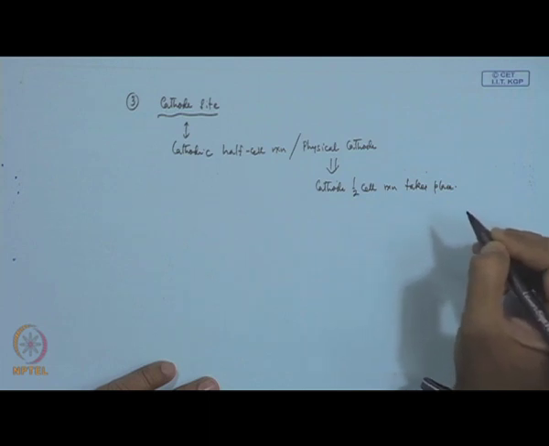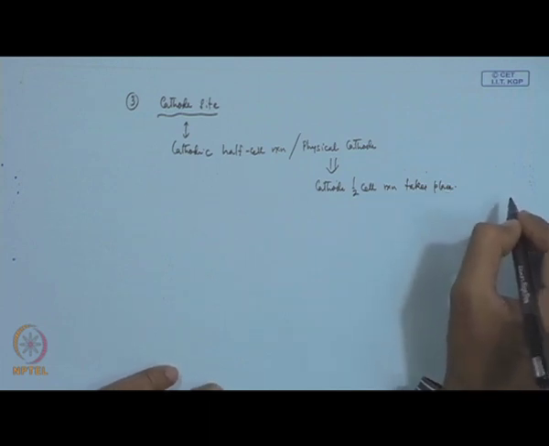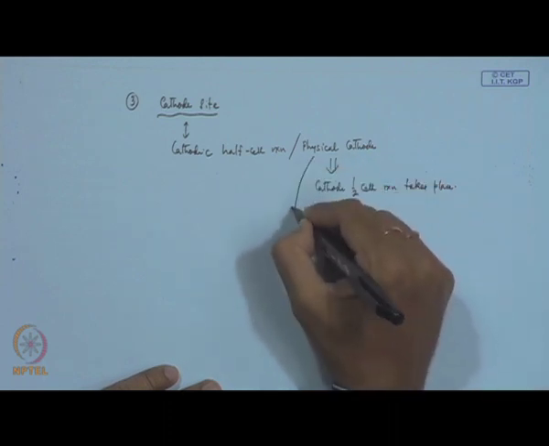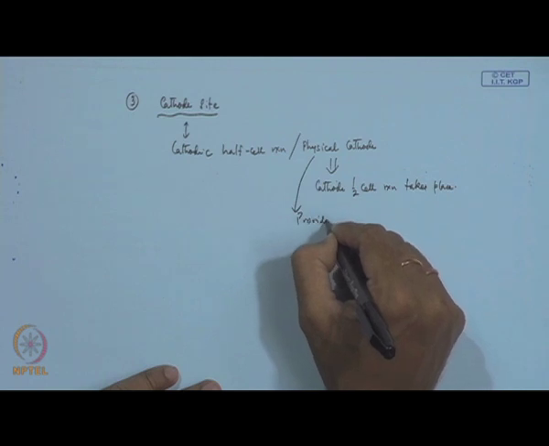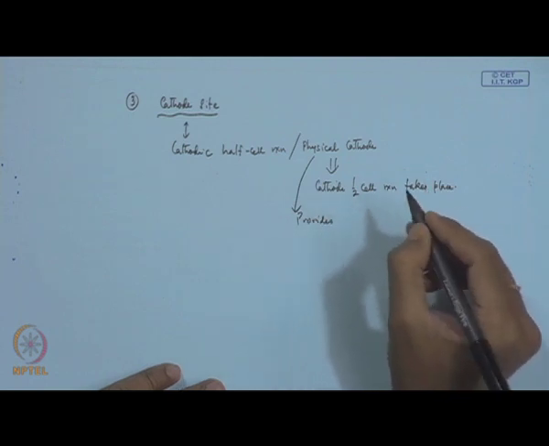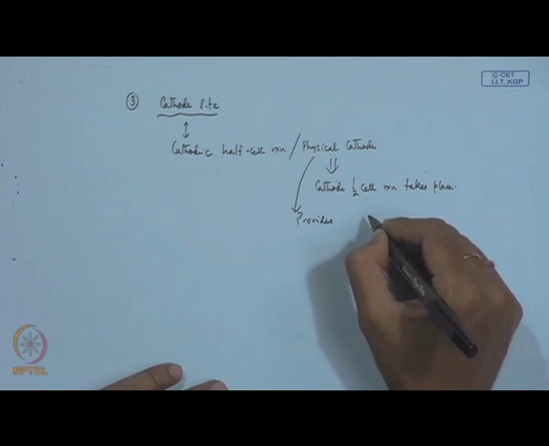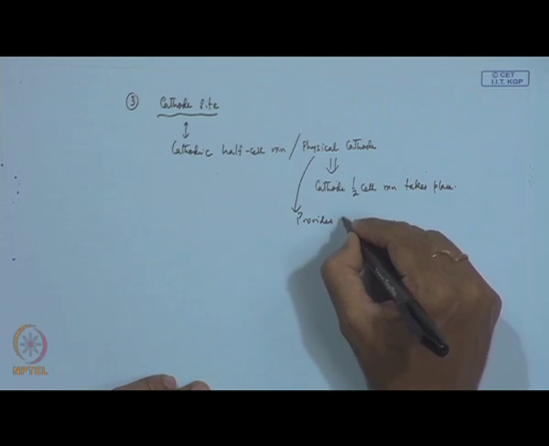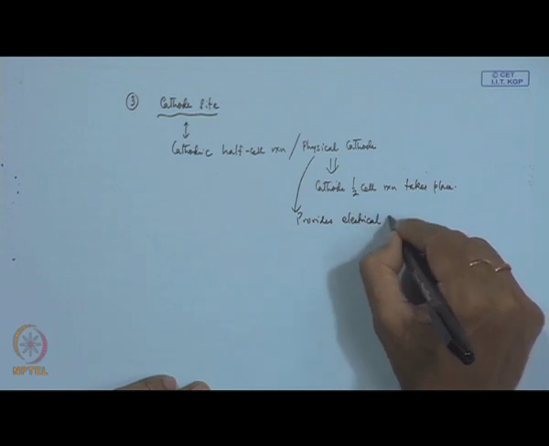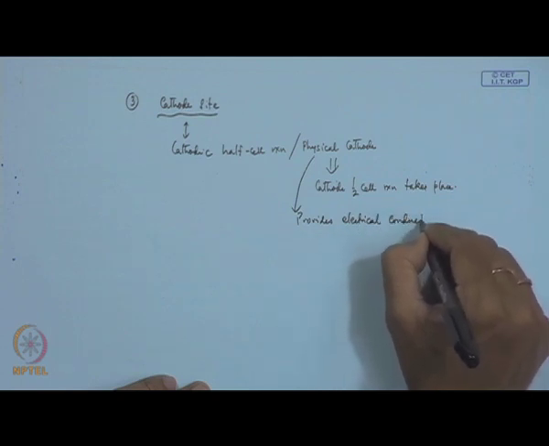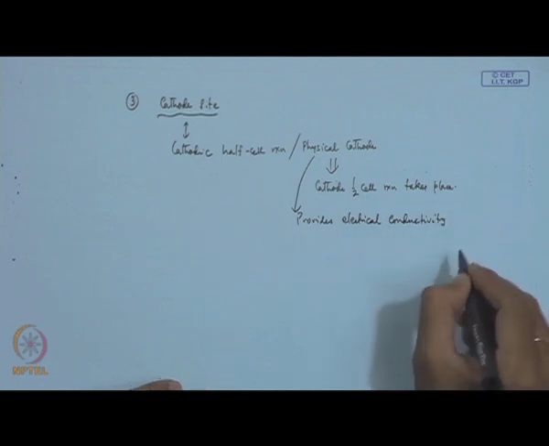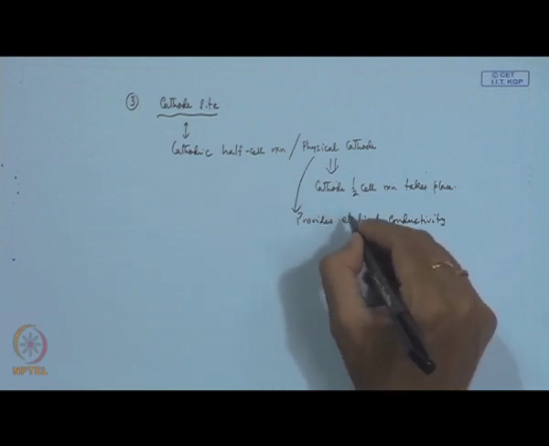What does this physical cathode provide? It provides the electrical conductivity necessary for electron transfer to occur at the cathode.